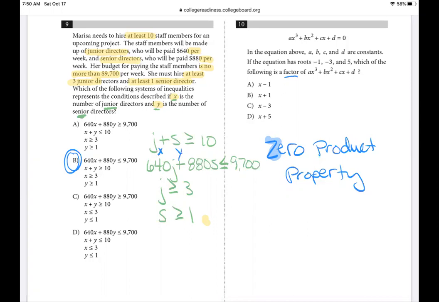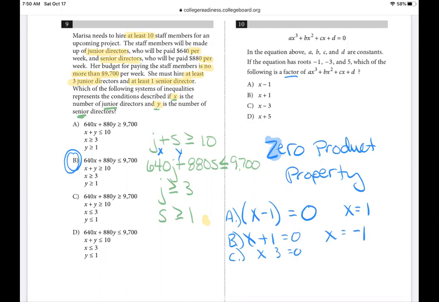So if I take x minus 1 equal to 0, then what would x have to be? X would have to be positive 1 for choice A. If I take x plus 1 equals 0, then x would be equal to -1. And for C, what minus 3 is equal to 0? It would be positive 3.